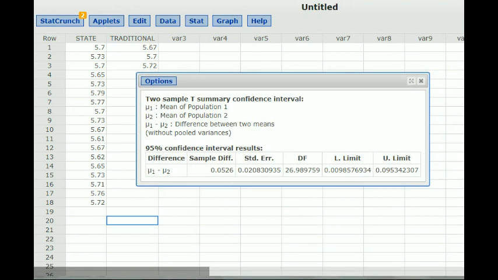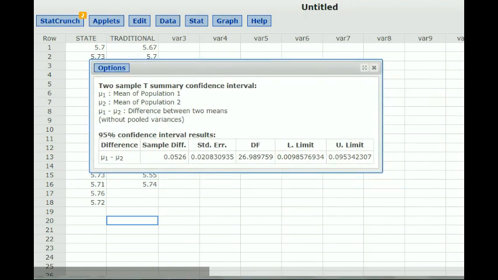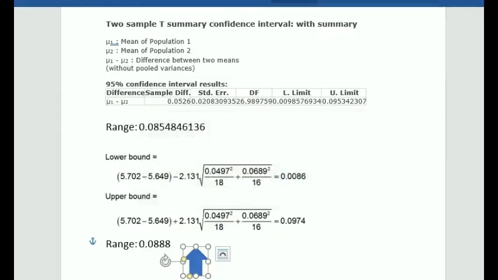And there we go. Now we have our confidence interval in this case. I'm going to start off by discussing the by hand calculation that was done in class.